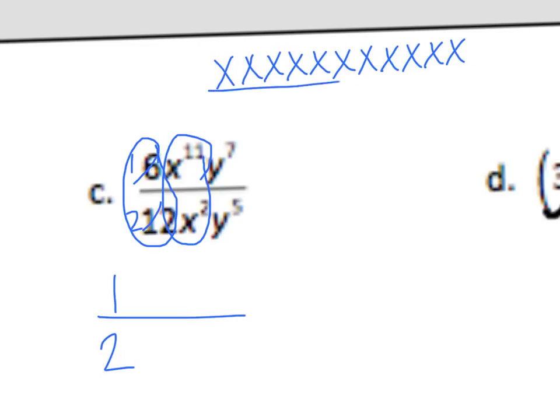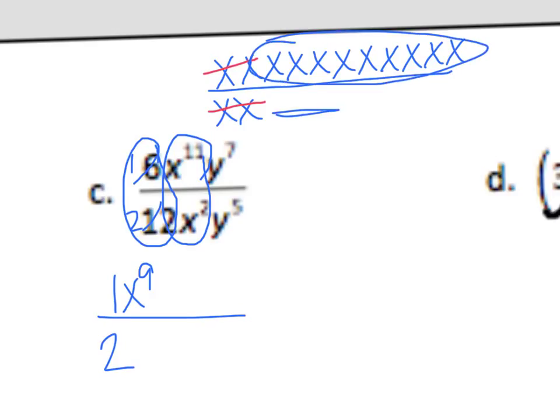I have 11 x's on the top and 2 x's on the bottom. If I cross out 2 on the top and 2 on the bottom, I have nothing left on the bottom as far as the x's go, but that means I have 9 x's on the top.